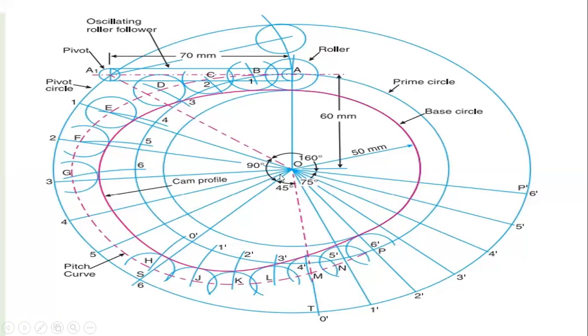So the angle of section, starting from that point only, is 90 degrees. Then divide the remaining sections according to that.